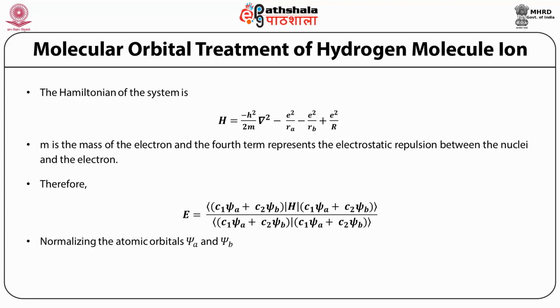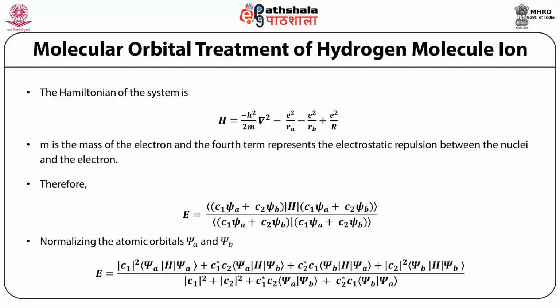Normalizing the atomic orbitals psi A and psi B, E equals C1 square psi A H psi A plus C1 star C2 psi A H psi B plus C2 star C1 psi B H psi A plus C2 square psi B H psi B, upon C1 square plus C2 square plus C1 star C2 psi A psi B plus C2 star C1 psi B psi A.